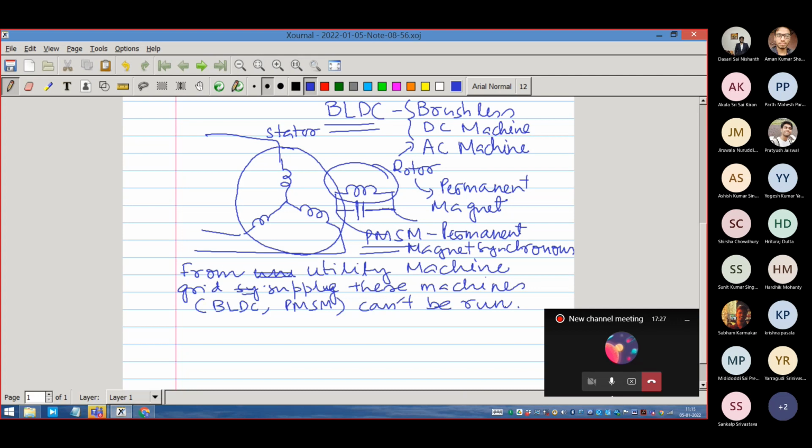And therefore, we are coming into the realm of power electronics, power converters. The power converter's basic job is to modify the available source to the form that would be required by the machine. That is the requirement, because machine to mechanical system interaction has already happened.